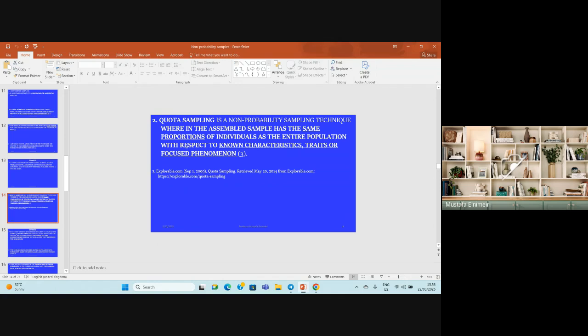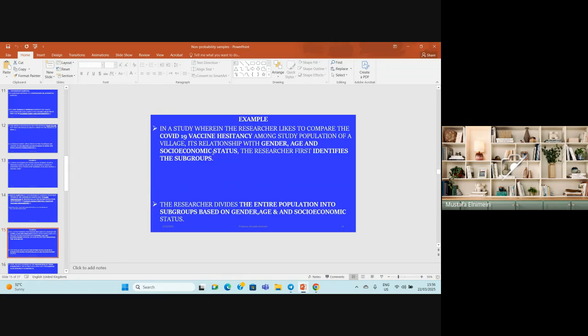The second type is quota sampling, which is a non-probability sampling method where the assembled sample has the same proportions of individuals as the entire population with respect to known characteristics, traits or criteria. For example, a study where the researcher wants to compare COVID-19 vaccine hesitancy among the study population of a village, and its relationship with gender, age, and socioeconomic status.